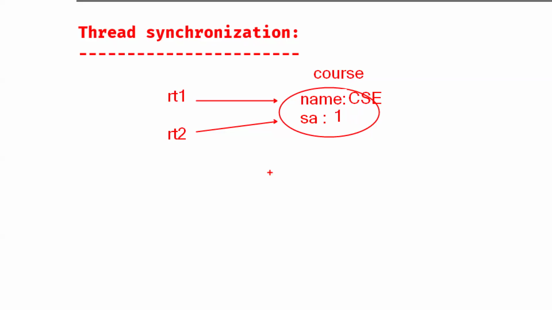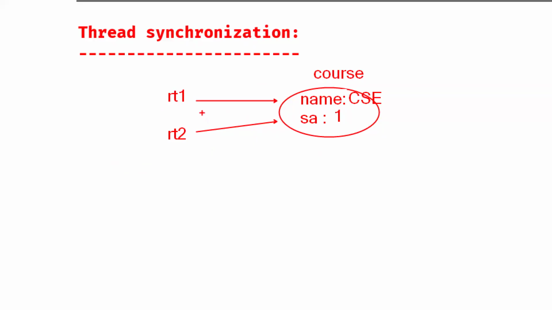Okay, when will this happen? If two threads are sharing the same resource, and one thread is modifying the resource, but before the modification is affected, the other thread is trying to access the data, then what type of problem do we get here?